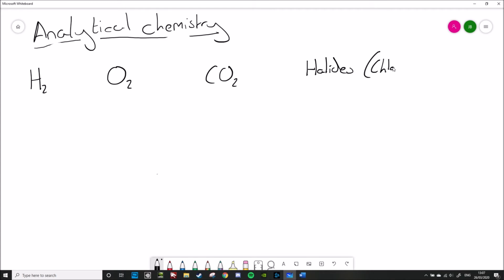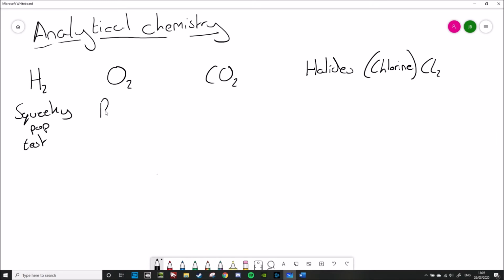Chlorine is the example we're going to talk about. Now, hydrogen, we got the squeaky pop test. If you put a lit splint into some hydrogen, it will make a popping noise that sounds a bit squeaky. So we listen for that, and that's what we have.